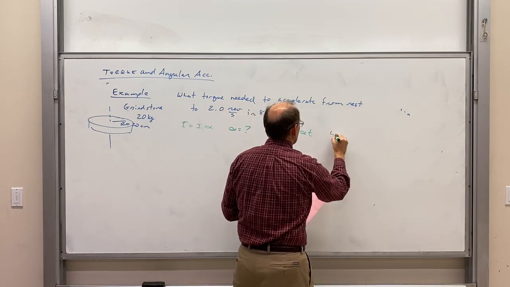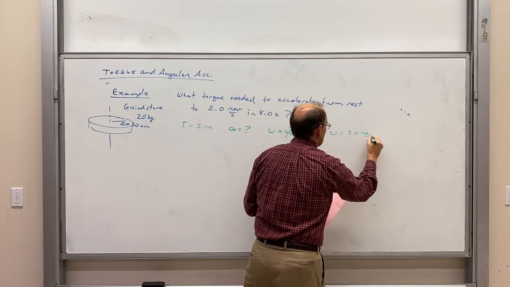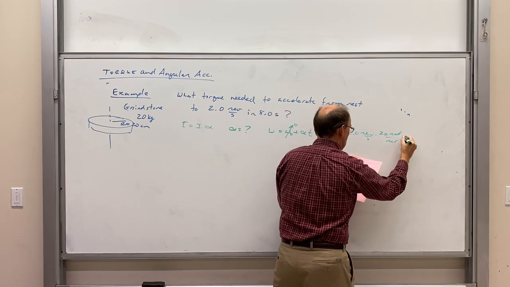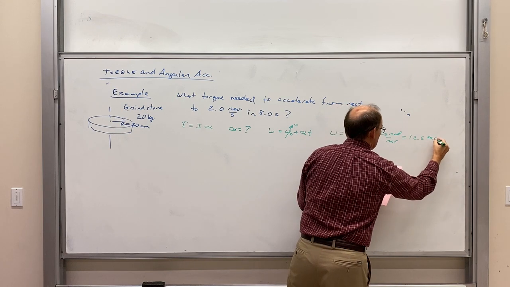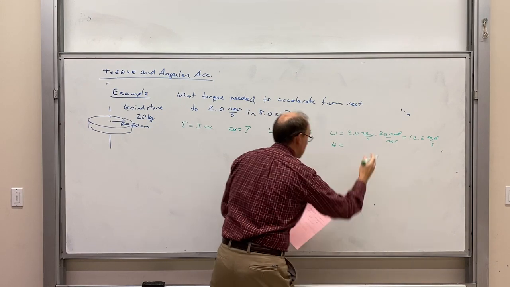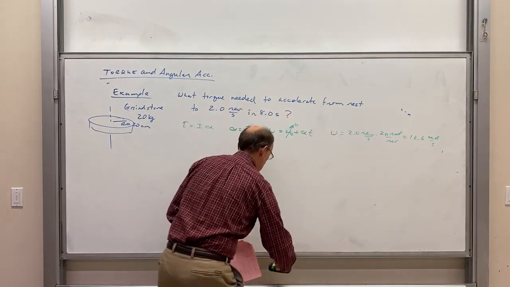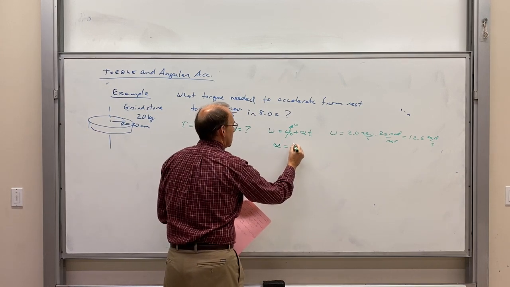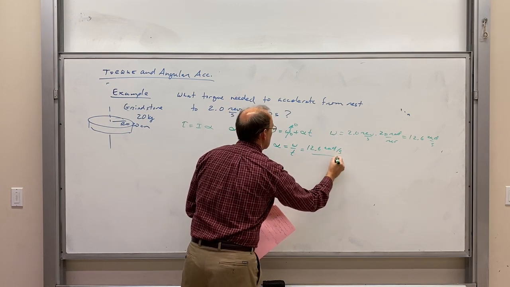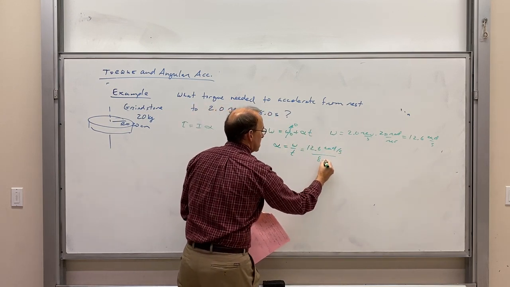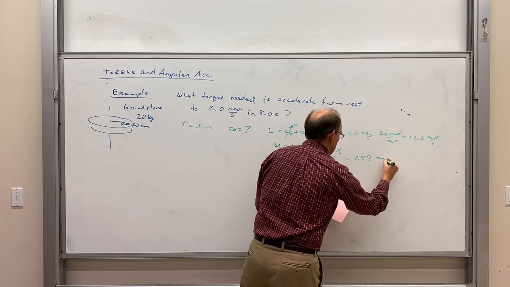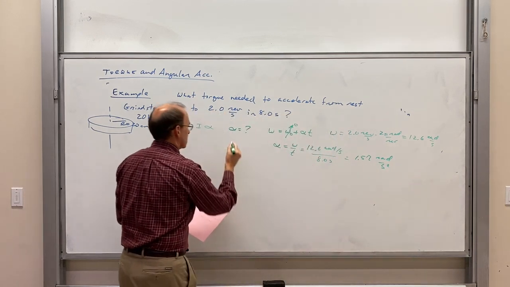Omega is 2 revolutions per second times 2 pi radians per revolution, which is 12.6 radians per second. So alpha is omega over t, 12.6 radians per second divided by 8 seconds, which is 1.57 radians per second squared. So now I know alpha.